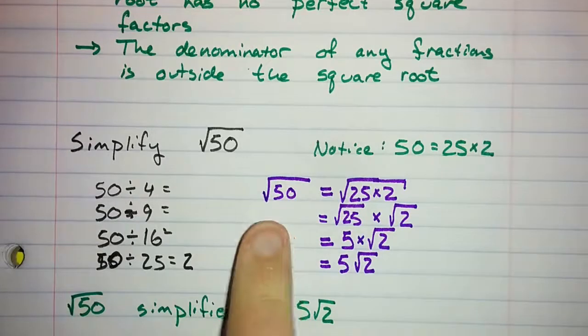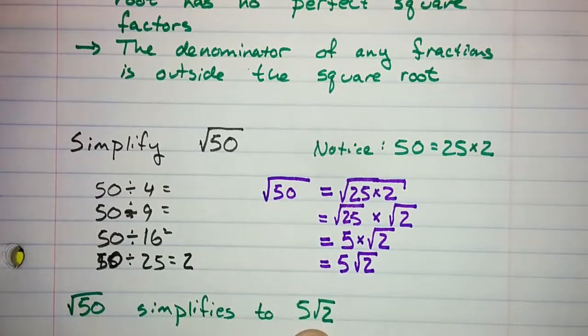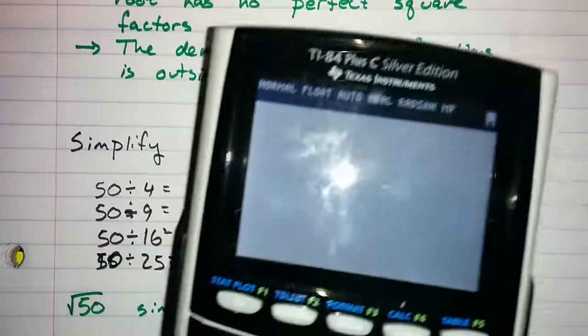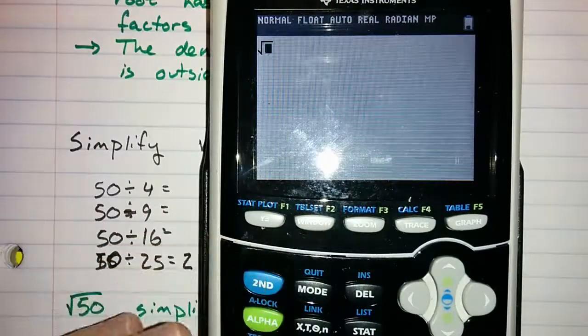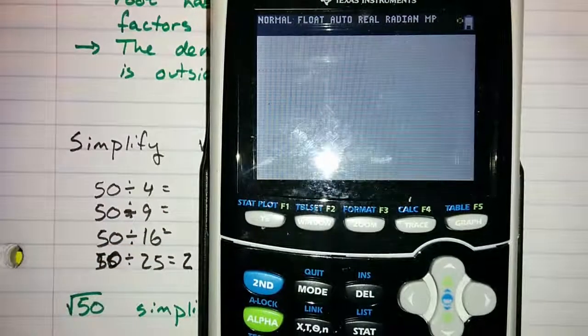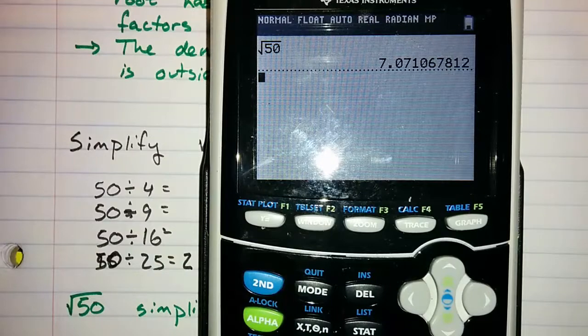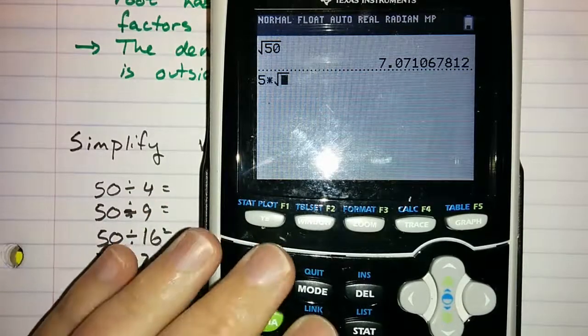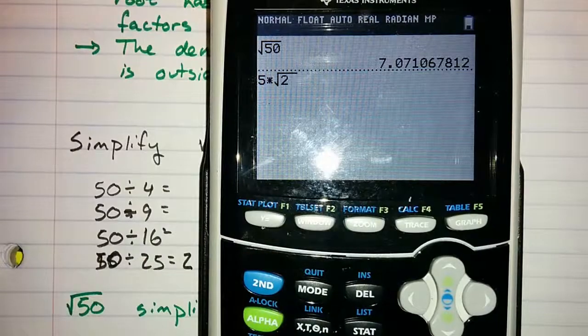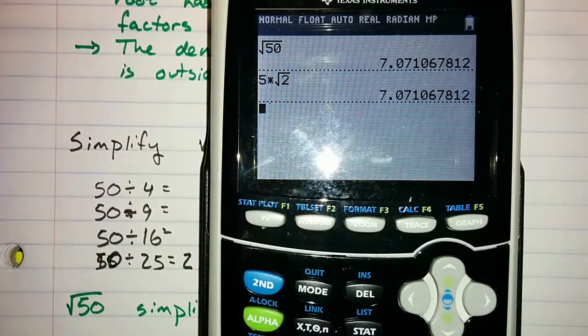What do I mean when I say that the square root of 50 simplifies to 5 root 2? I mean, those are the same number. If I go to my calculator and I punch in the square root of 50, that's some awful decimal. But it's the same awful decimal that I get when I punch in 5 times the square root of 2.